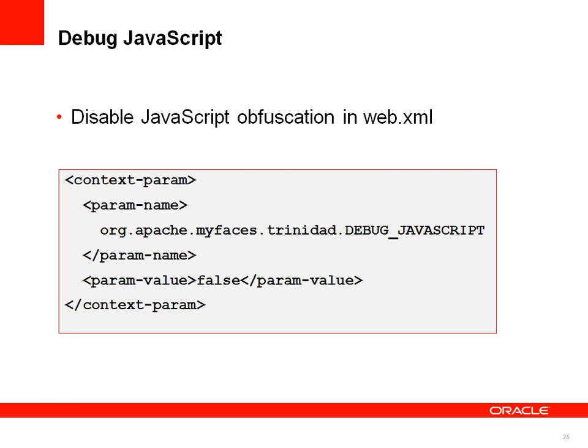It's called org.apache.myfaces.trinidad.DEBUG_JAVASCRIPT. You set this parameter to true, and then obfuscation is switched off. By default, it's not enabled. That means that JavaScript is obfuscated, and you see a lot of JavaScript variable names that make no sense at all to you. For debugging, you want to enable that.